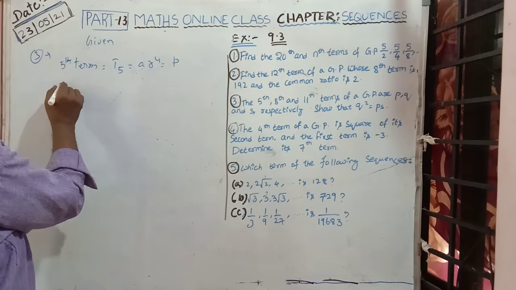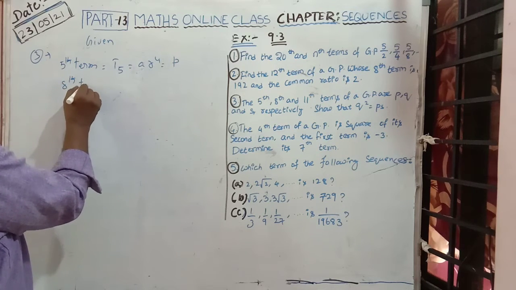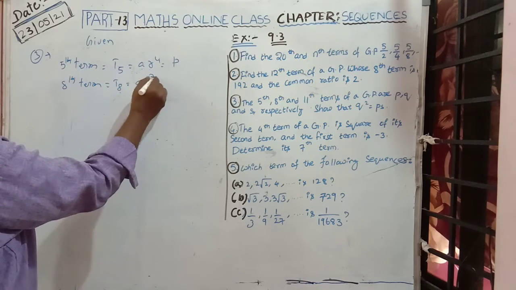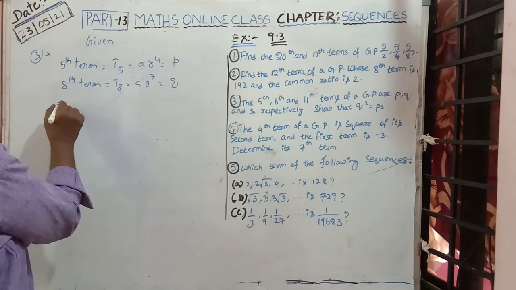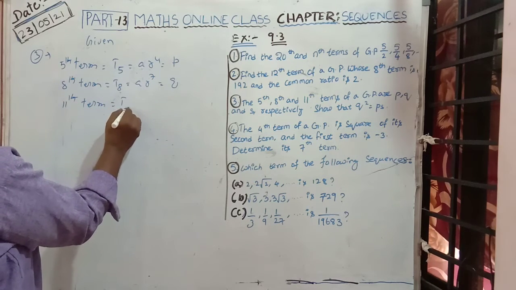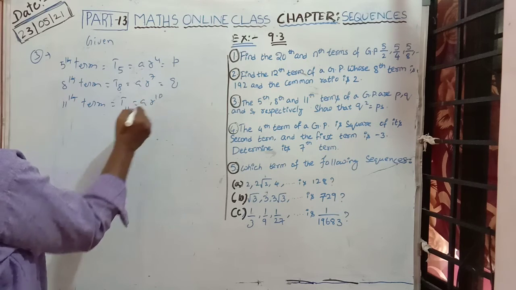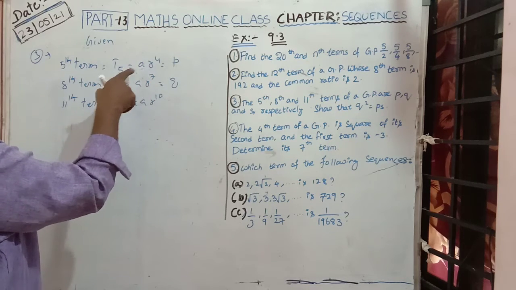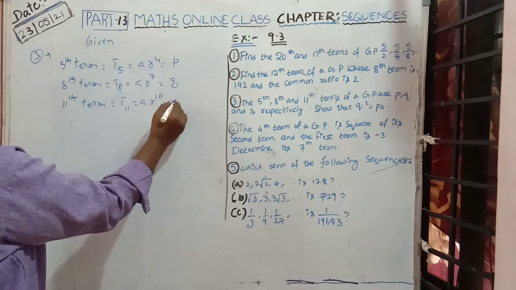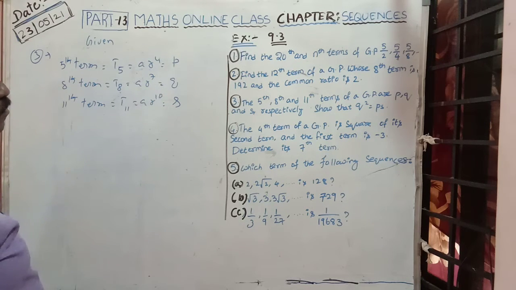And the eighth term T8 is equal to A R power 7 is equal to Q. And the 11th term T11 is equal to A R power 10 is equal to S, given. You understand it better: 5 means 4, 8 means 7, 11 means 10.